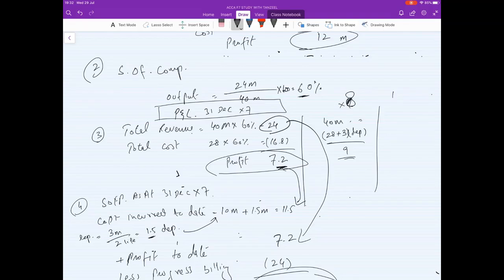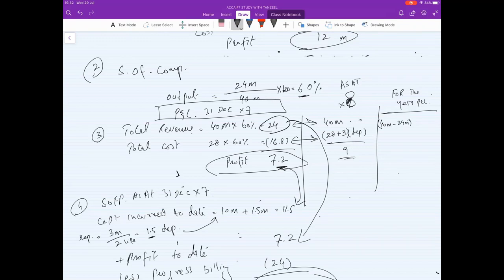Now we will make the profit and loss for the year. Just take the difference between these two. Out of 40 million, 24 million was from the previous year.